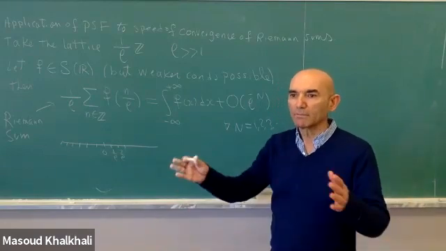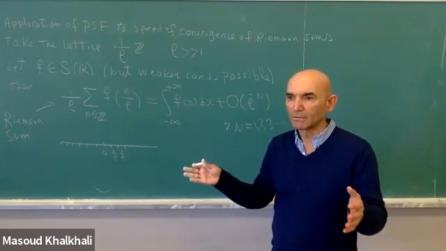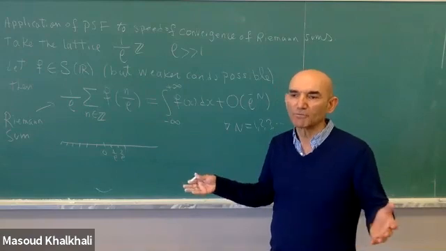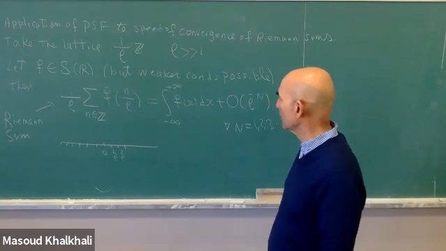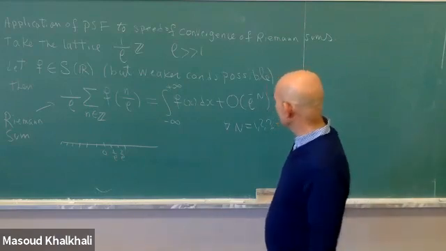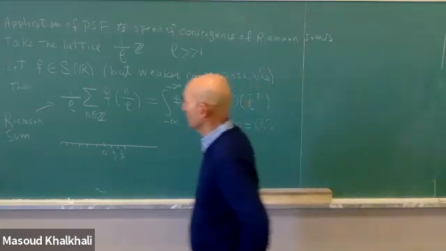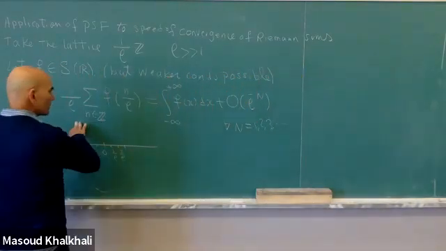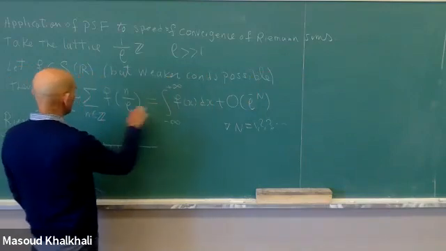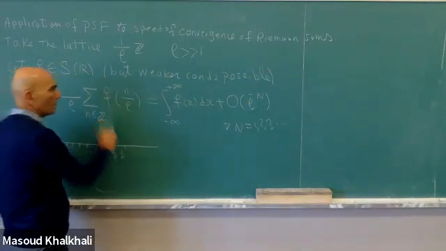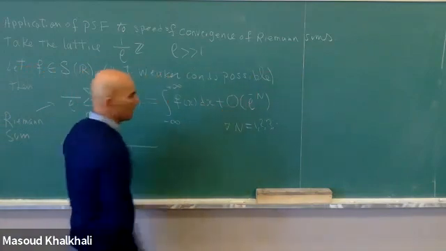If you want to be this close to the value of the integral, what should be the size of your grid? We never know that, right? That's a drawback of those kinds of definitions. But this is a much more subtle relation. This says that you can compute the integral by this sort of sum, and there is this error. So I have to think about what this really means now.